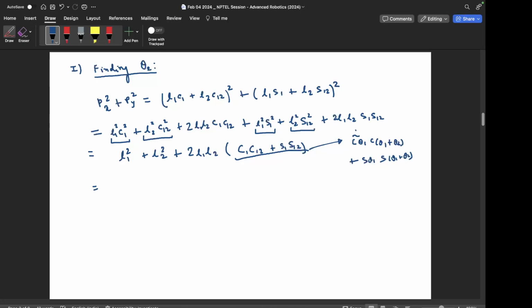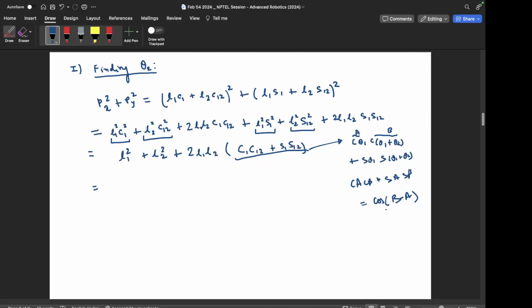If theta 1 is A, theta 1 plus theta 2 is B, then this is cos A cos B plus sin A sin B, and this is the trigonometric expansion for cos B minus A, right?